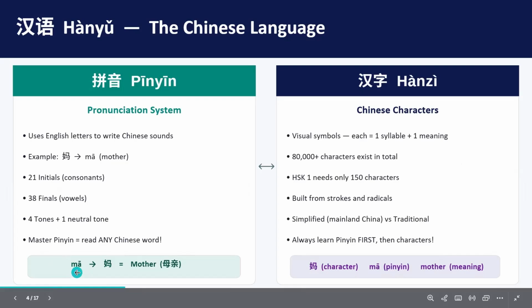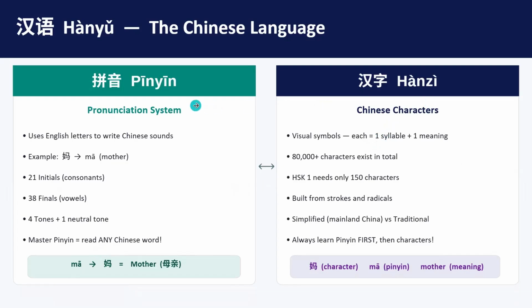So it doesn't sound like English M. It sounds like more, and ah. So its pinyin pronunciation is ma. This helps beginners pronounce Chinese correctly before learning characters. Hanzi is its characters, and the other one is pinyin.